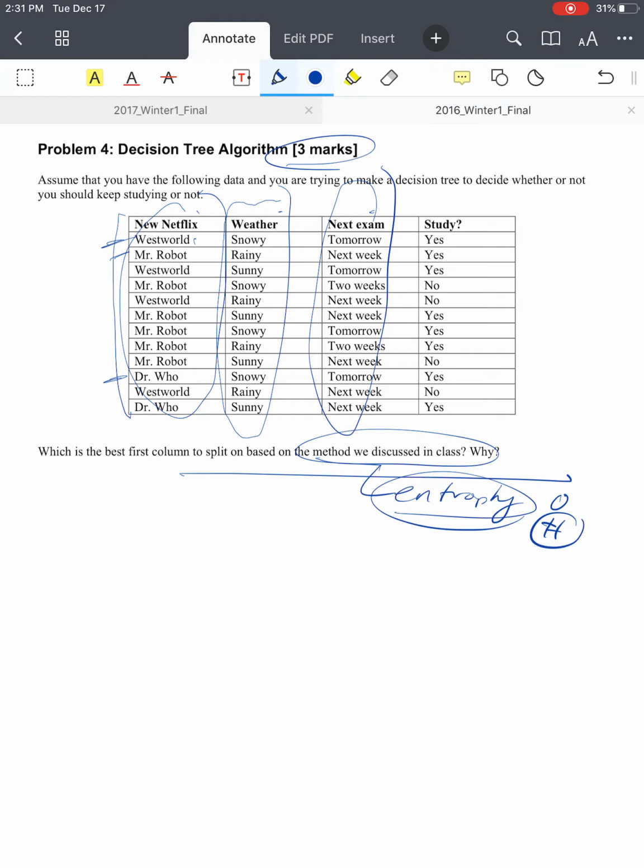But let's actually take a look. So for Netflix, there's 3 choices: Westworld, Mr. Robot, and Doctor Who.